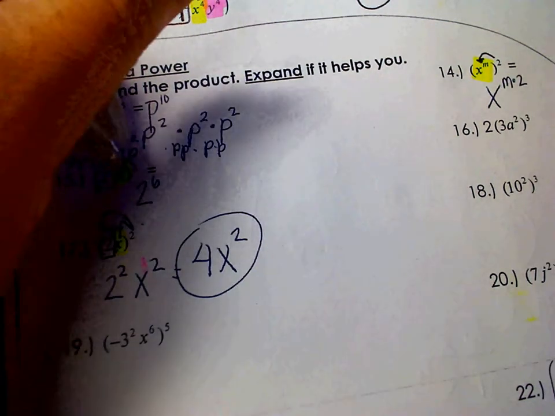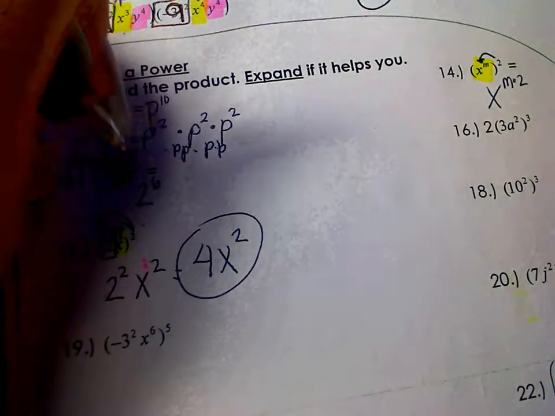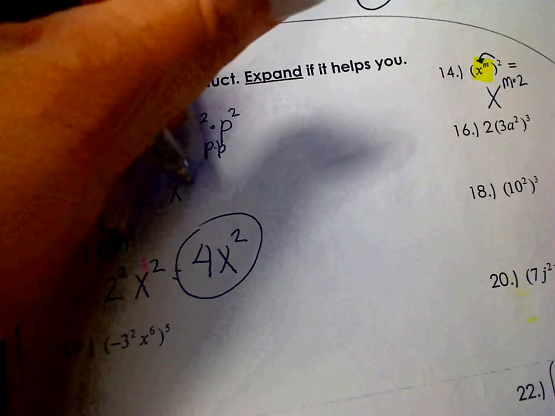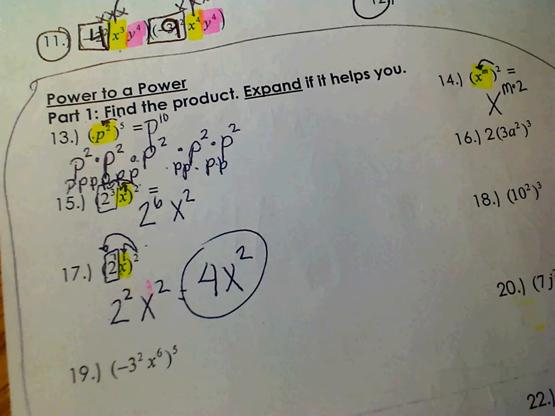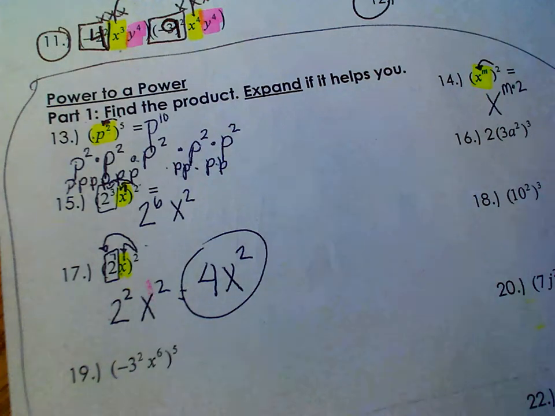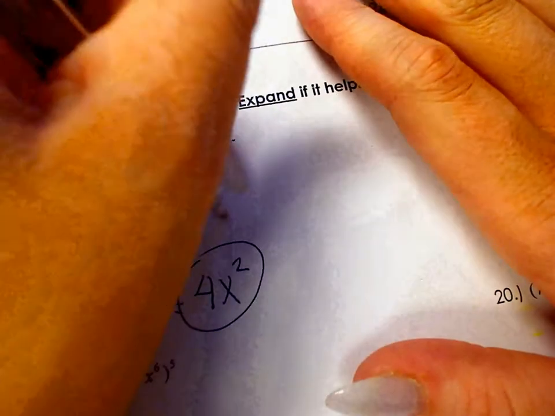X to the first power raised to the second power, 1 times 2 is 2. And then 2 to the sixth power. Hold on, I gotta get my calculator. That would be 64. So 64 x to the second power.